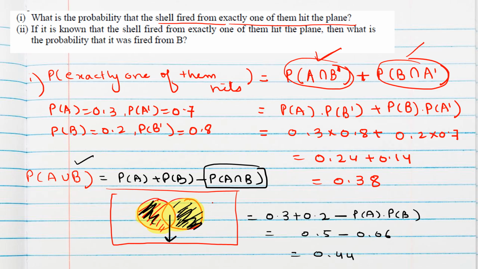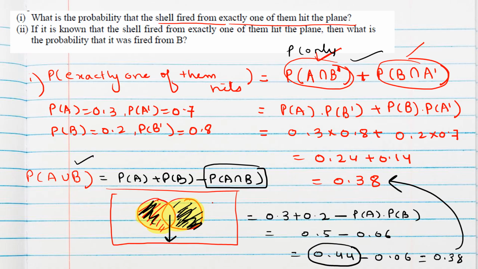That means again you should subtract the intersection, 0.06, then only you will get 0.38, same as this. Students directly write 0.44 because of this concept. So whenever this question comes, one of them hits the plane, better you go with this way. Otherwise, second time you will forget to subtract A intersection B. Fine. So this is actually P of only A plus P of only B. I hope you understood, it's clear now.